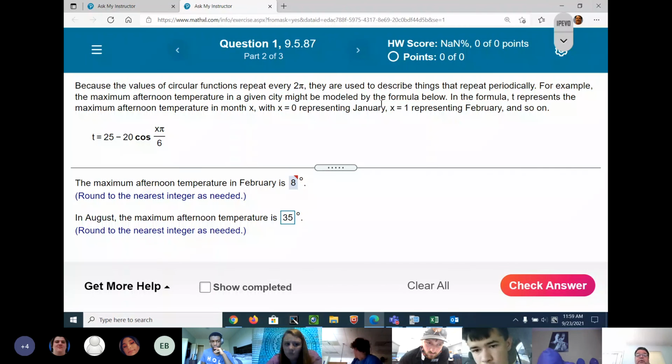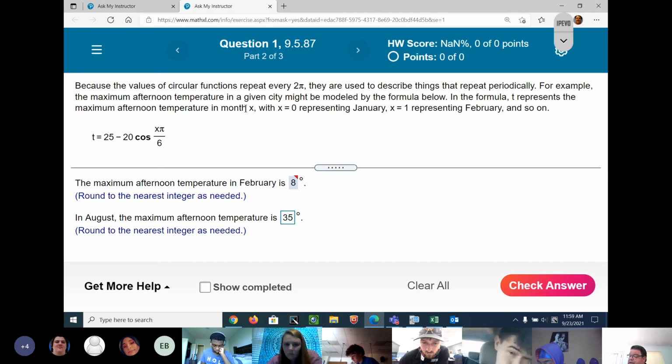In the formula, T represents maximum afternoon temperature in month X. So T is the max temperature and X is the month.